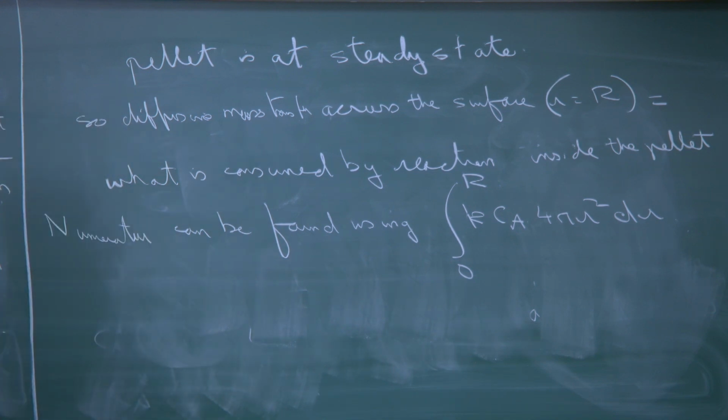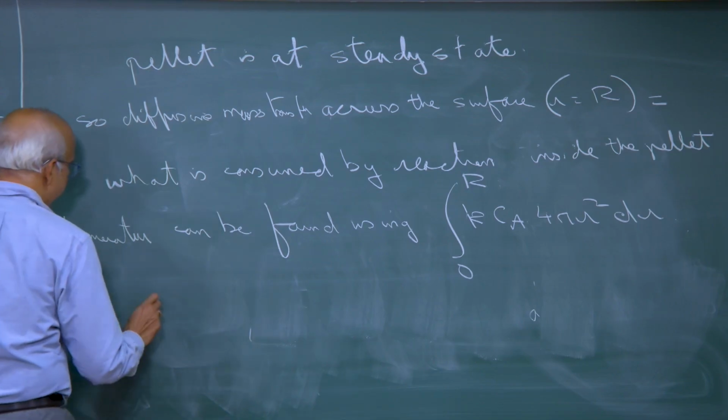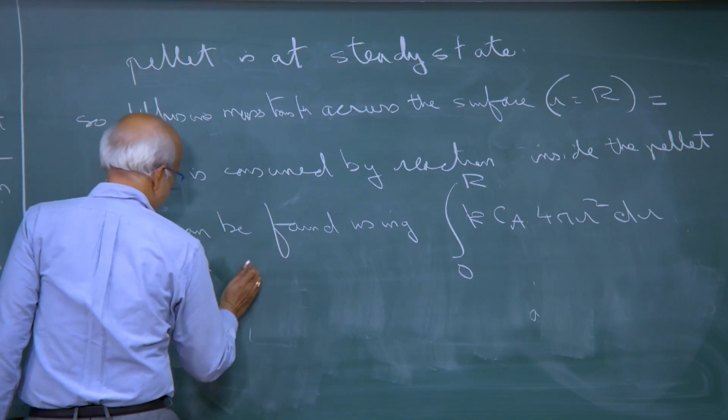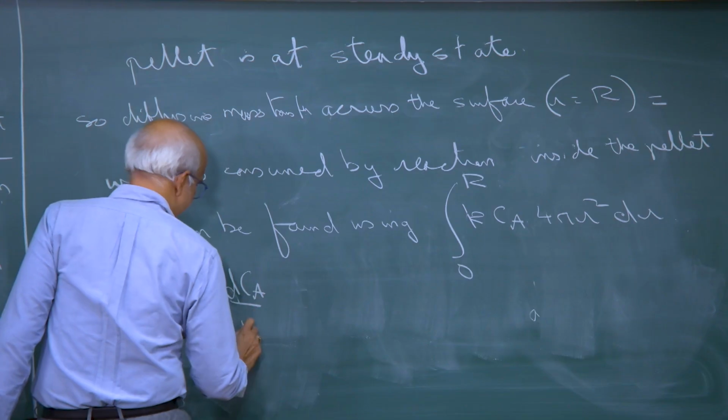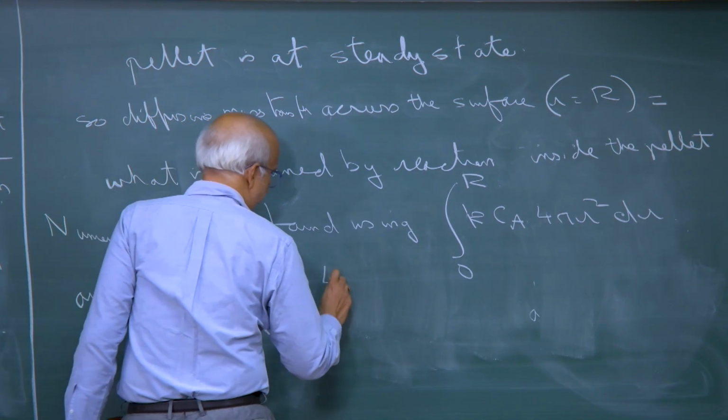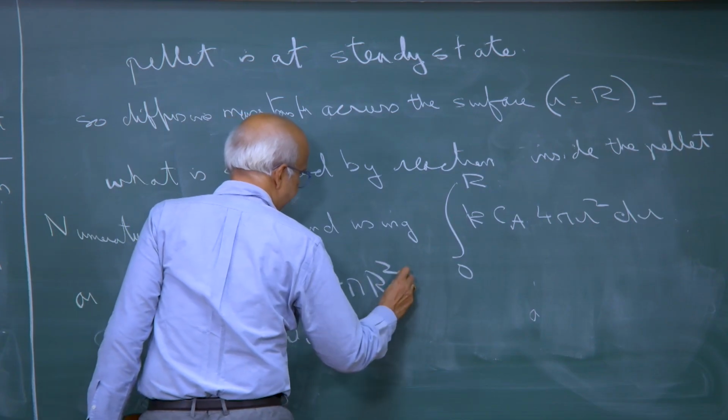This is the reaction rate, or I am saying it is the same as D dCA by dr at r equals R multiplied by 4 pi R squared.